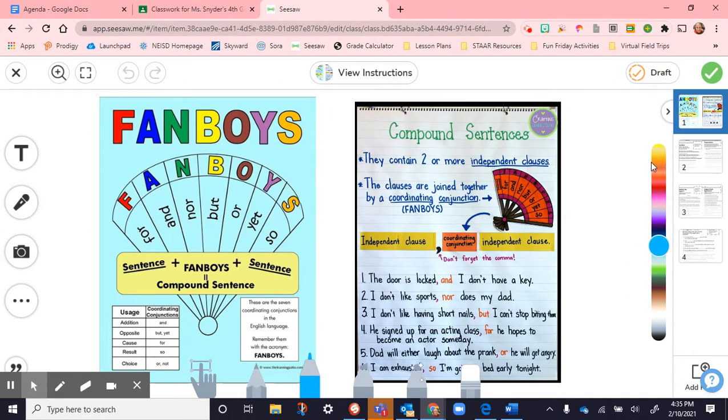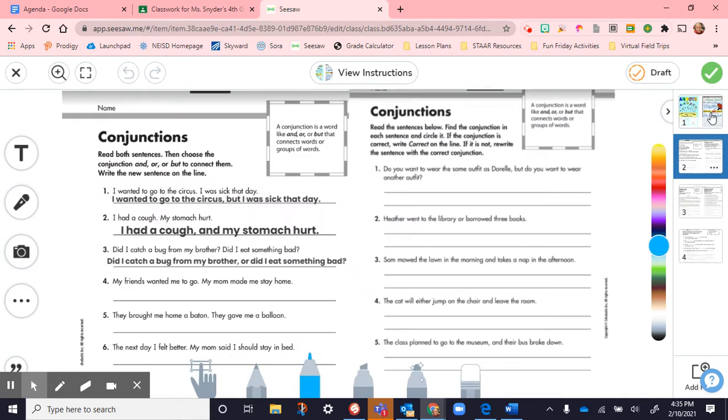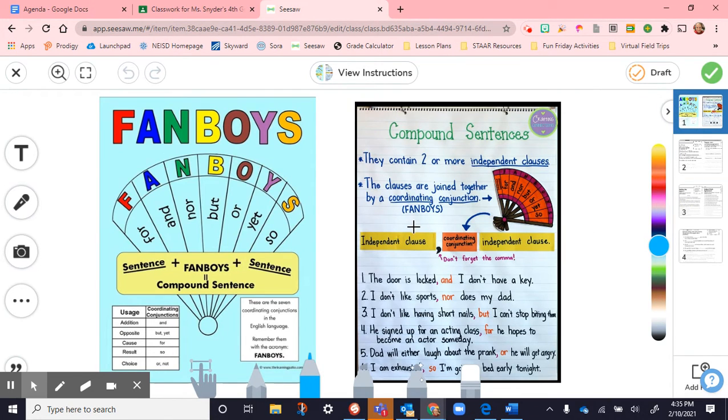Here on the conjunctions, first we reviewed fanboys. Again, sentence 1 plus that fanboy, the comma, and then the fanboy plus sentence 2.